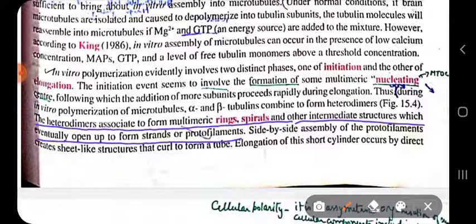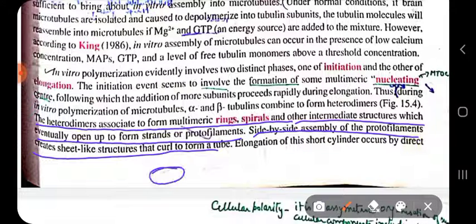One by one these heterodimers join because they have been phosphorylated. They join side by side to form ring-like and spiral-like structures, which are observed in vitro within the laboratory, and finally they open up to form a strand of protofilament. Side by side assembly of these protofilaments creates a sheet-like structure that curls.